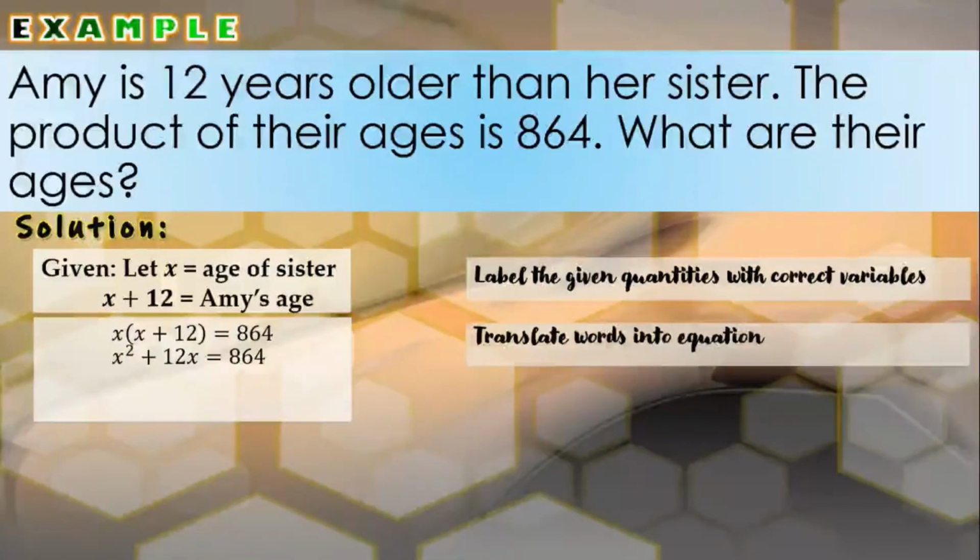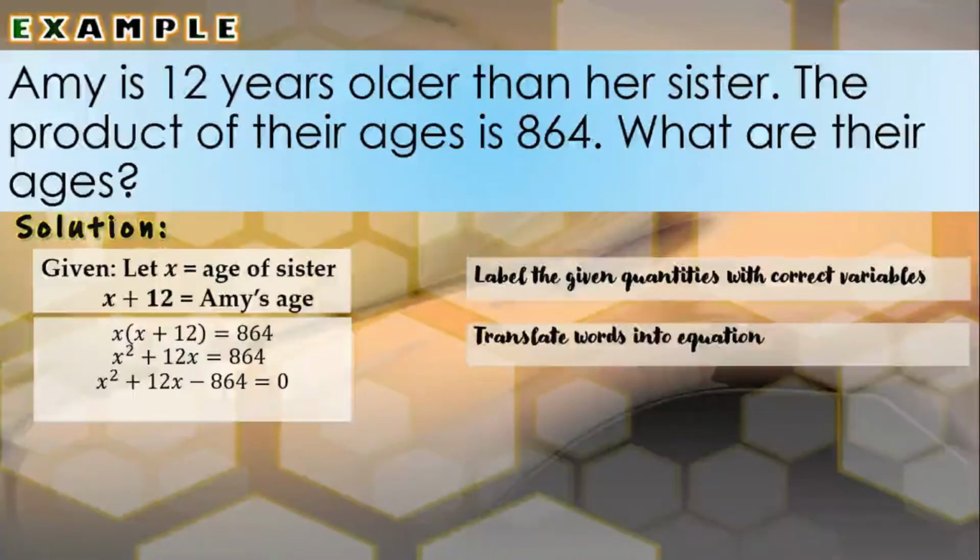So, if we will multiply x times x plus 12, that will give us x squared plus 12x is equal to 864.